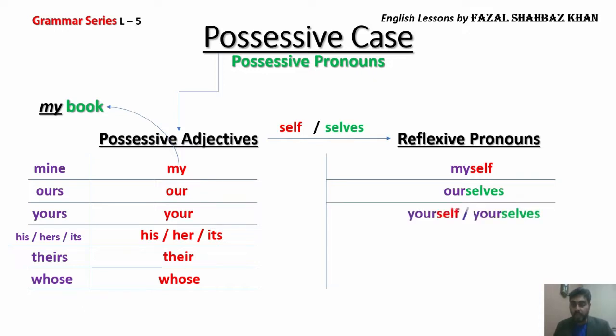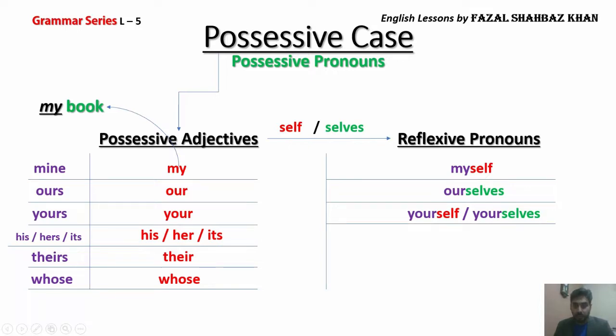Then we have the exceptional case, as you can see on the screen, you, which gets used for both singular as well as plural. If I'm using your to form a reflexive pronoun for the singular case, I would have to attach self with it, so it sounds yourself. That's for the singular second person, and then if I need to talk about more than one second person, I would have to mention them as yourselves. So as you can see on the screen, self is for singular and selves is used for plural.